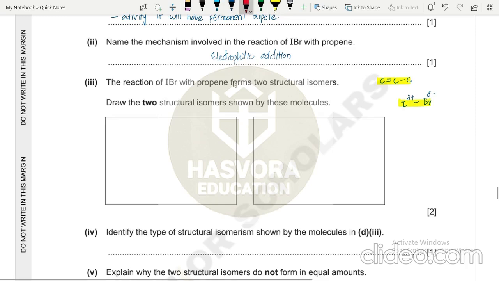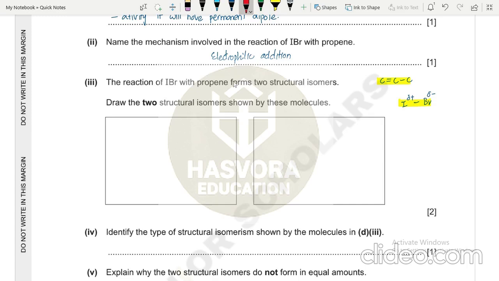What can actually happen is that, according to Markovnikov's rule, the major product formed is where the iodine bonds with the carbon which has the least number of alkyl chains, and the Br, which is the negative group, bonds with the carbon which has more alkyl chains.